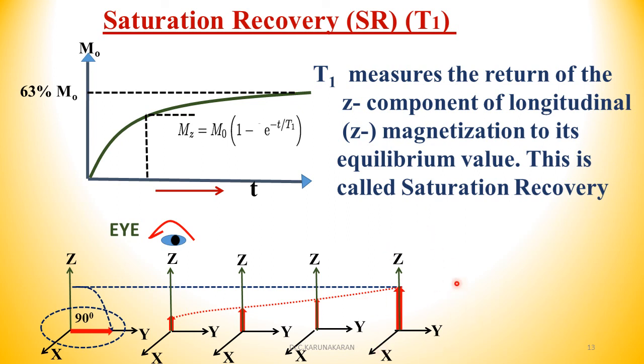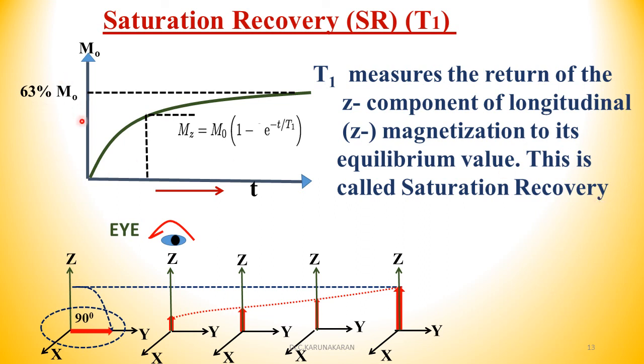The net magnetization will be back to the plus z axis. Therefore, T1 measures the return of the Z component of the longitudinal magnetization Mz to its equilibrium value. This is called saturation recovery.